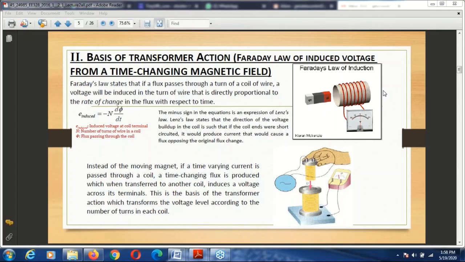I explain the assignment again. Number one, state Faraday's law with examples. Number two, state Lenz's law with examples. Number three, explain the working principles of a transformer with a sketch.